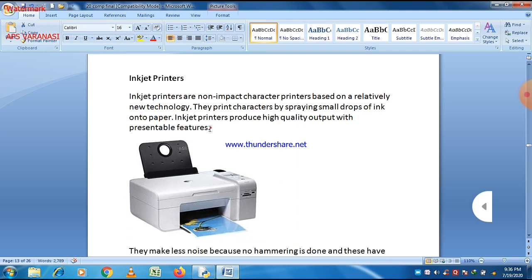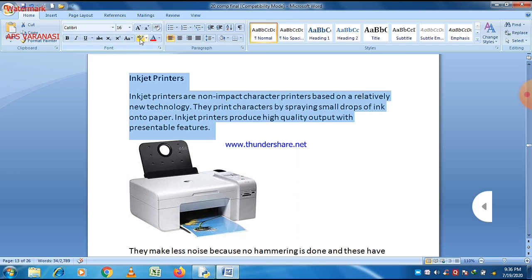So here you can see the inkjet printer. It is the most commonly used printer, and it is used for office work, and even some people use it for their personal work. Dot matrix printers are nowadays outdated, so inkjet printers are very common and mostly used in different fields.